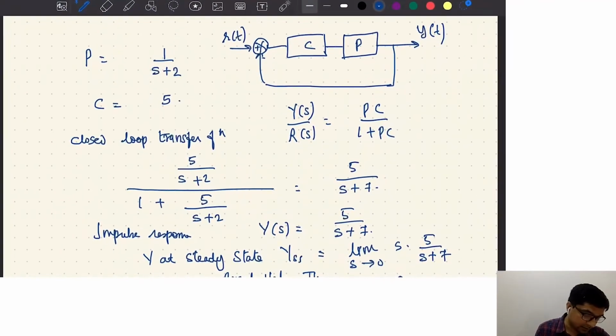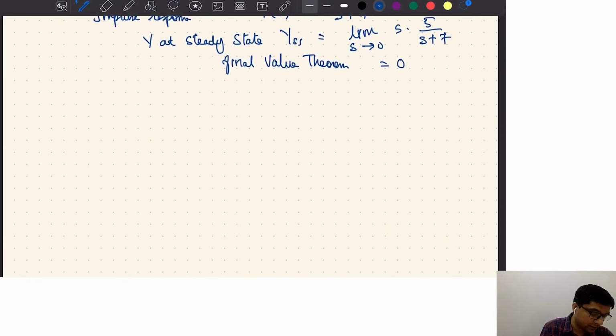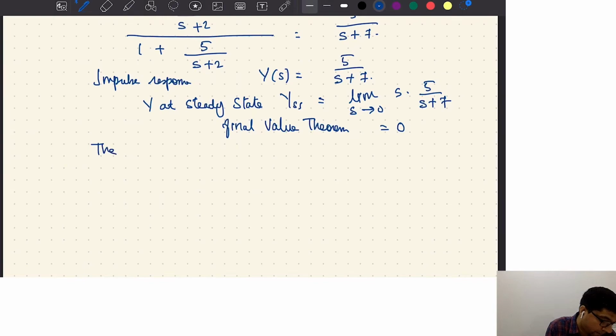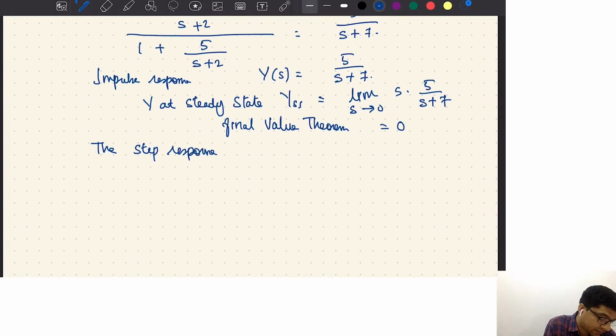Okay, let's take the same system and check what will be the step response. My reference R of S will now be 1 over S. Y of S will be 1 over S times 5 over S plus 7.